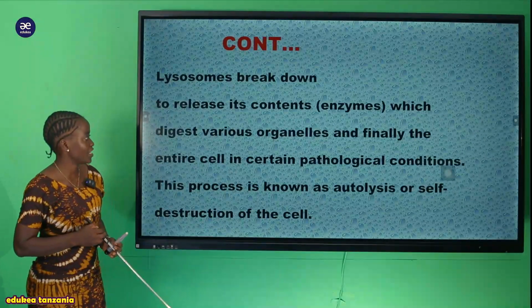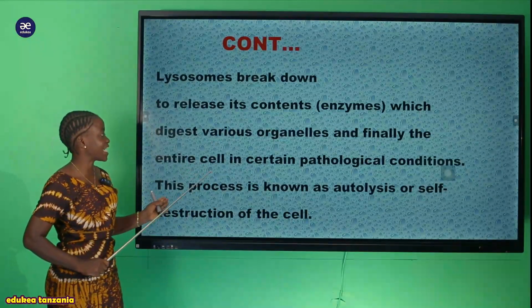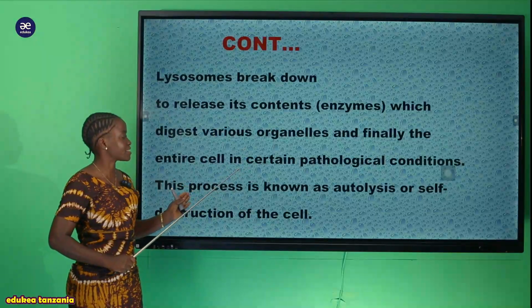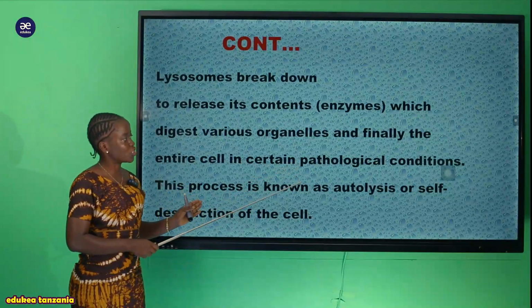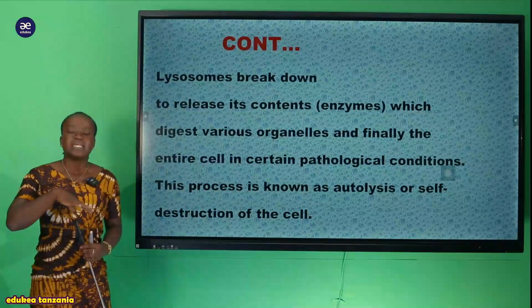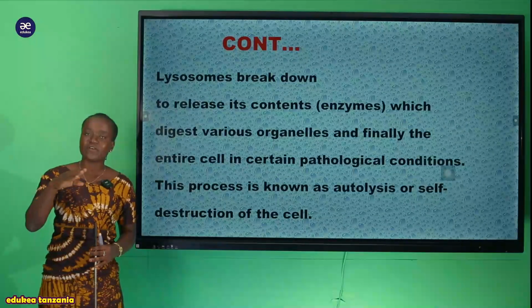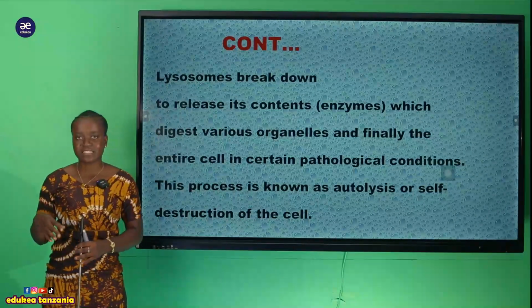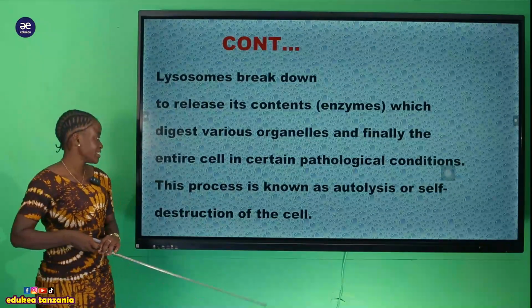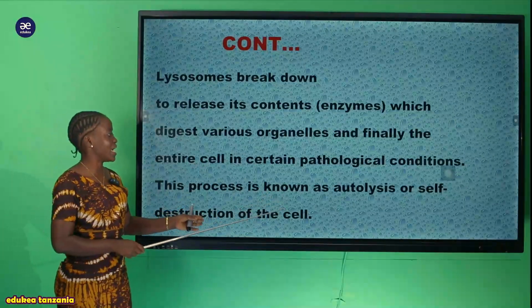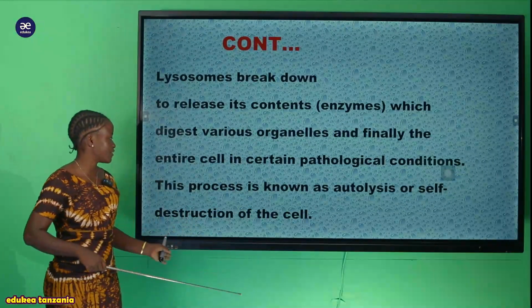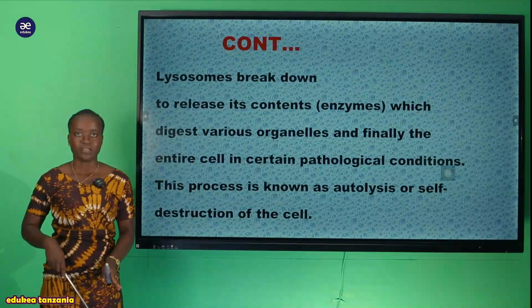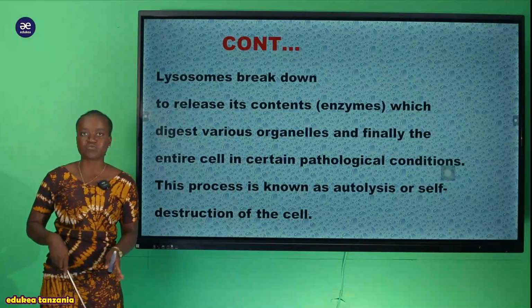The result now here you can see finally the entire cell is in certain pathological condition, kwa maana kwamba ndani ya ile seli sasa zile organelles zote zitabe digested. The result now you can see this process is known as the autolysis or self-destruction of the cell. Why is it termed as self-destruction?